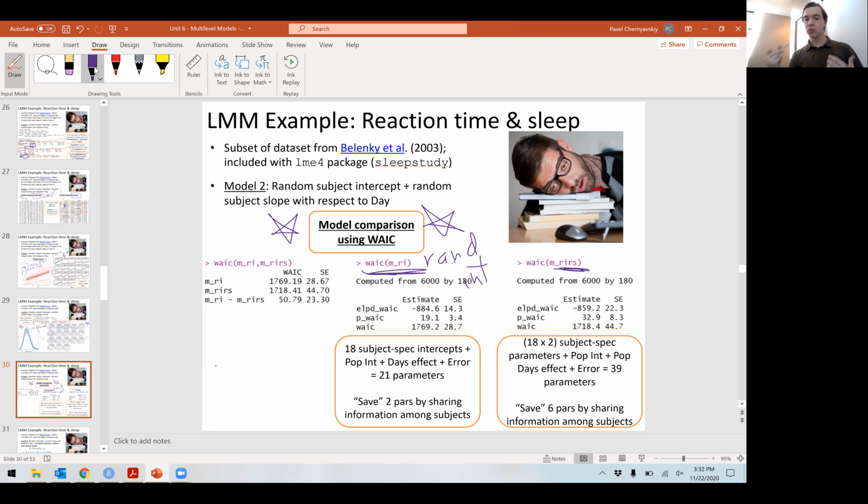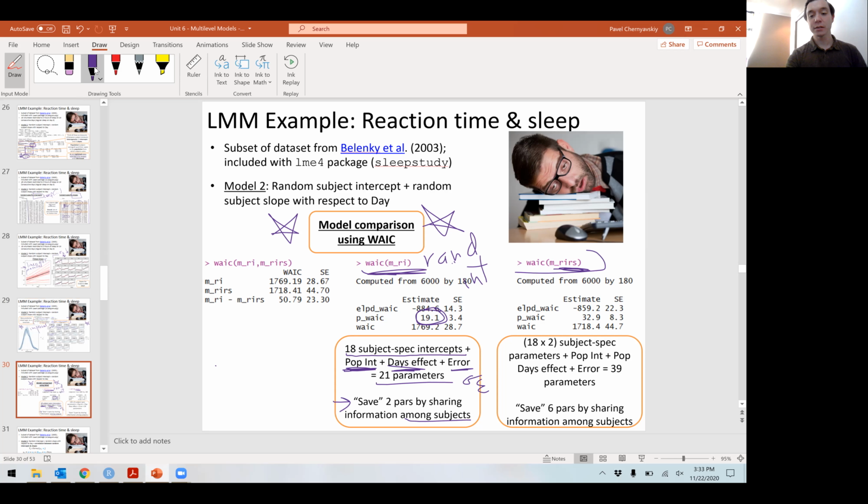So what we're really trying to estimate is 18 subject-specific intercepts, 1 population intercept, a days effect, and an error term, right? That's the sigma epsilon. So we're estimating 21 different parameters. But the software is reporting that we have 19 effective parameters. So by sharing information between subjects, we save having to estimate 2 parameters.